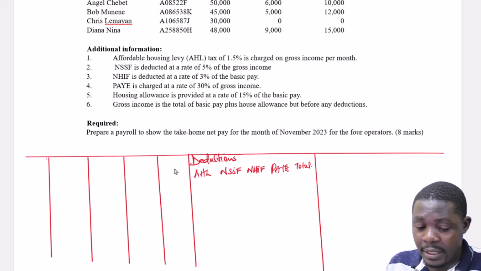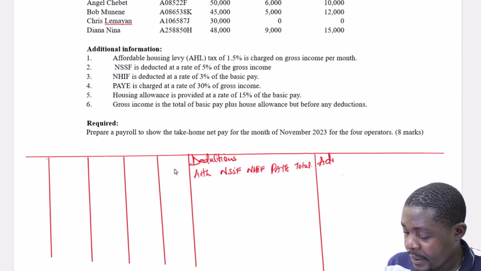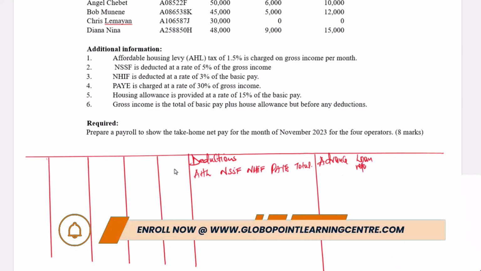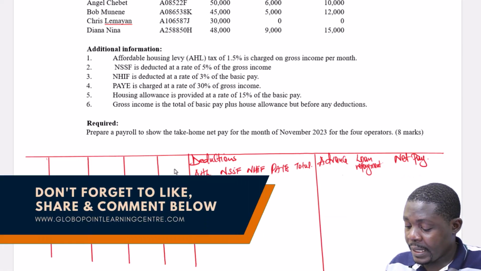The other thing that we are going to create is, does the person get an advance? Yes. We have advance and loan repayment. And then the balance we get here, you can say the net pay, what a person is earning or taking home.